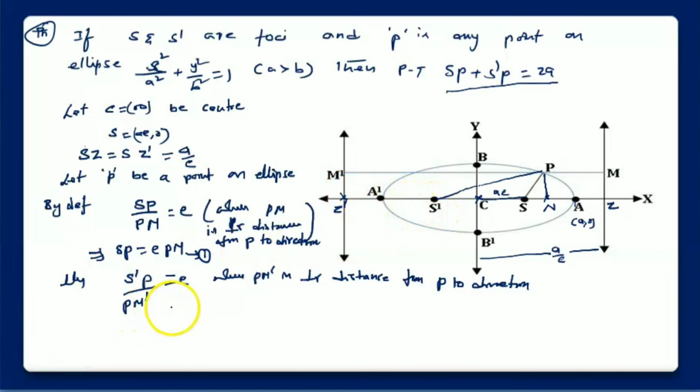So I can write S dash P is equal to e into PM dash. This is equation number 2.